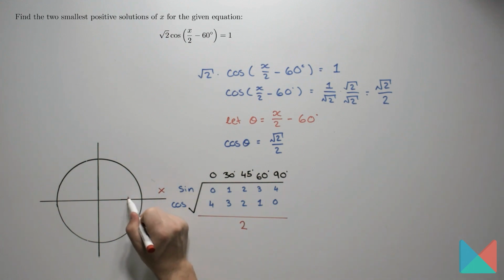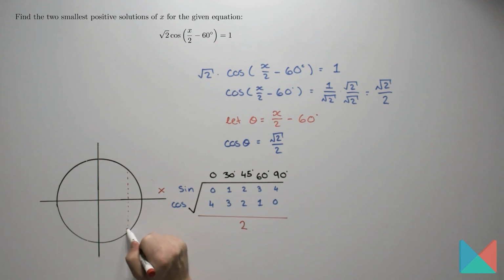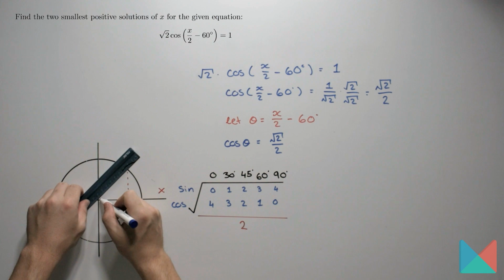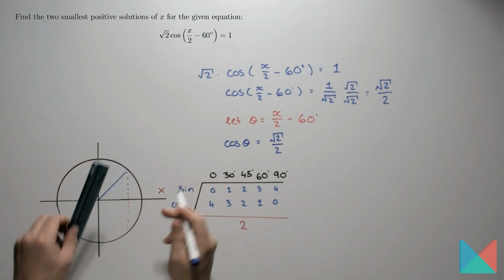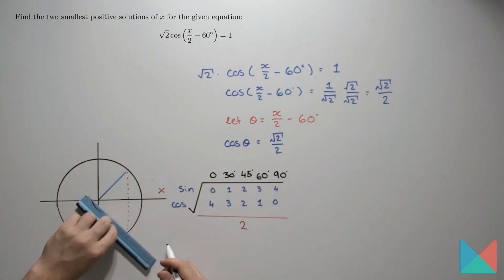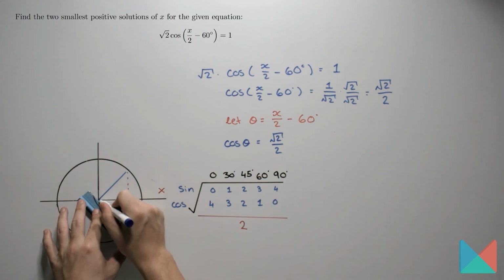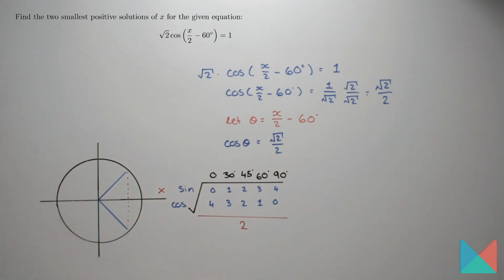Say that value is somewhere here, and that's going to correspond to two angles, one in the first and one in the fourth quadrant. Let's fill in what these angles will be: our angle in the first quadrant here, and our angle in the fourth quadrant here. And remember, this value on the x-axis is read as root 2 on 2.